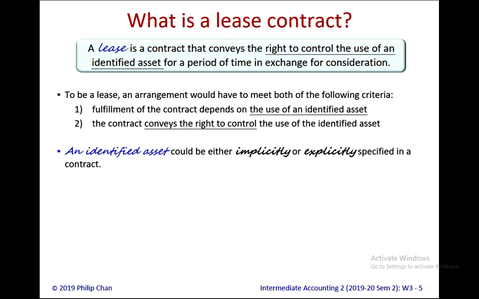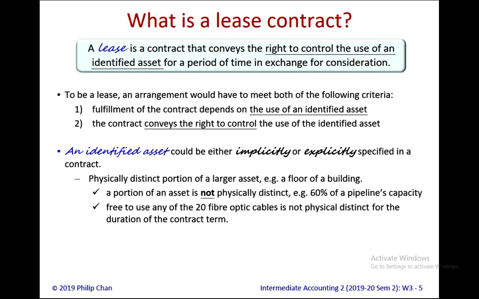To be an identified asset, it has to be physically distinct. Portions of a larger asset may not be physically distinct. So for instance, if you want to rent a computer, then it is physically distinct, or if you want to rent a specific floor within a specific building, it would be physically distinct.